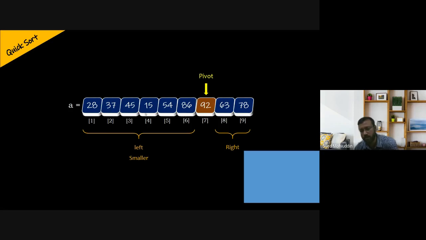But elements on the right side should be greater than the pivot element. Even if a single element is smaller than the pivot element, we cannot call this element 92 a pivot. Therefore, element 92 in this collection is not a pivot element.